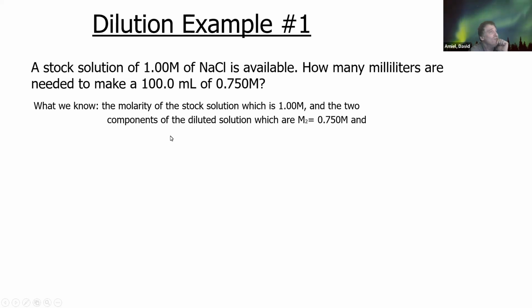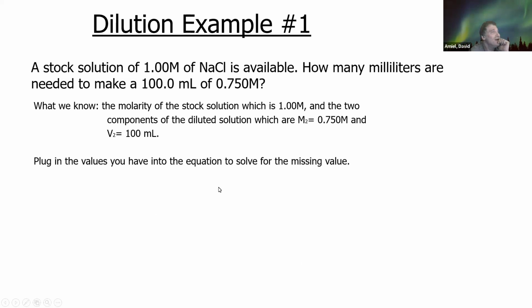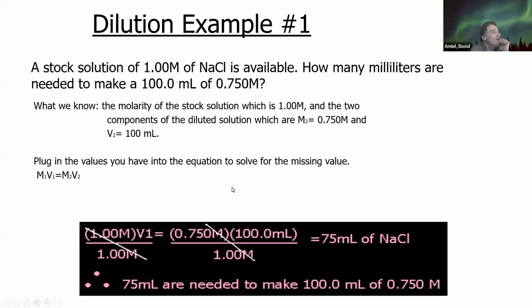So here I'm just fitting the information into the dilution equation. I know that I got my M2 as 0.75, my V2 as 100 mils. And whoops, I kind of jumped ahead here a little bit.